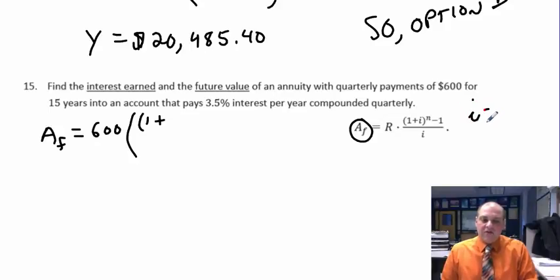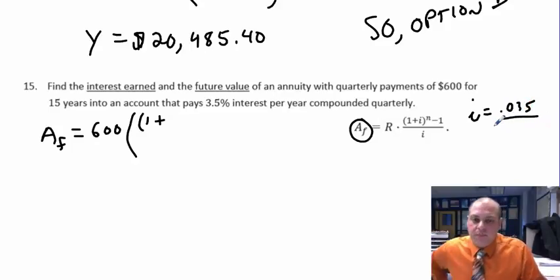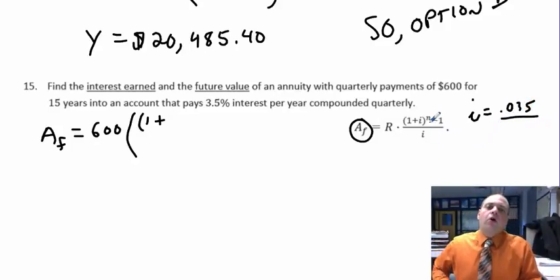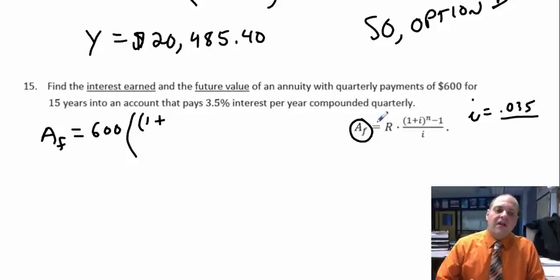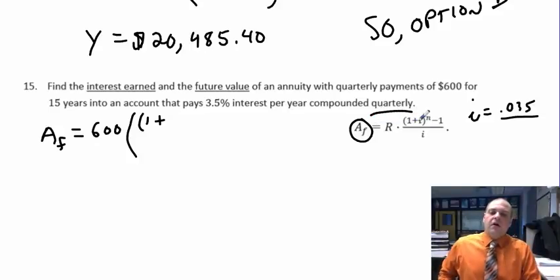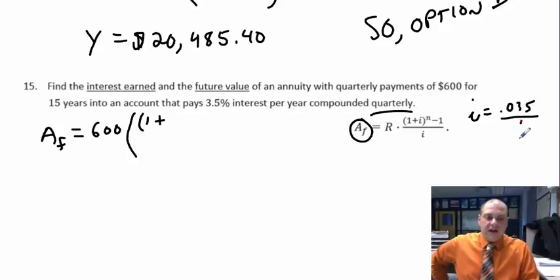Now I can be done on the side. I is going to be the rate, 0.035, divided by the total number of payments per year. See how it's compounded quarterly? All right, so that's going to be divided by 4. 0.035 divided by 4 comes out to be, I is 0.00875.